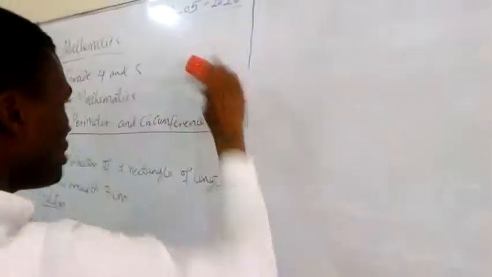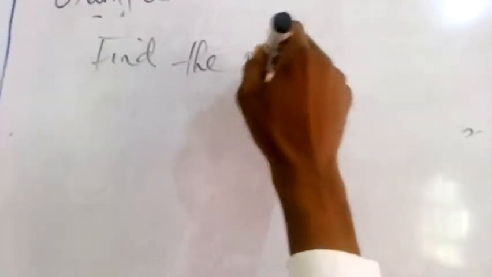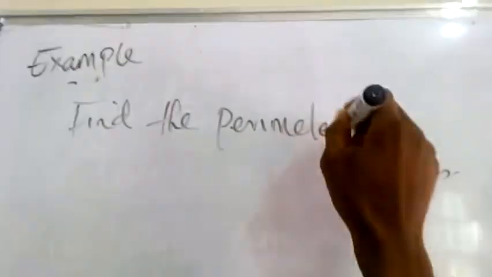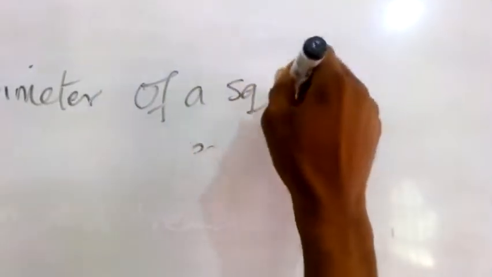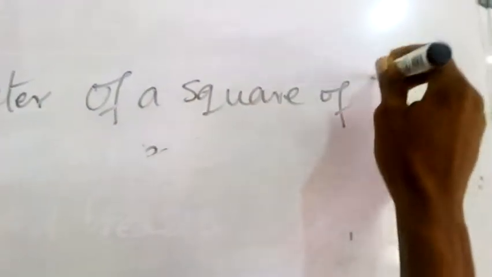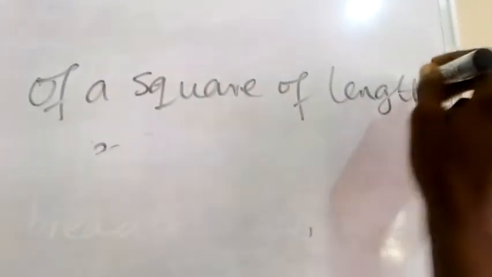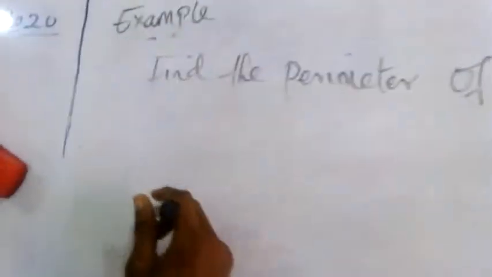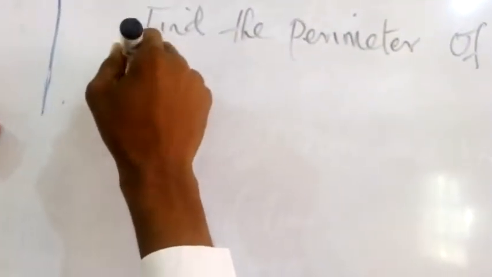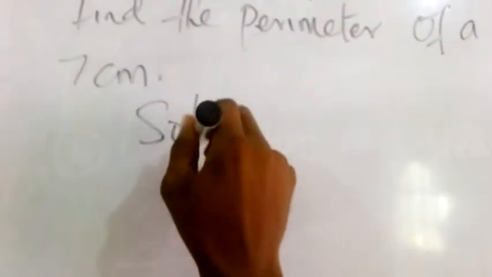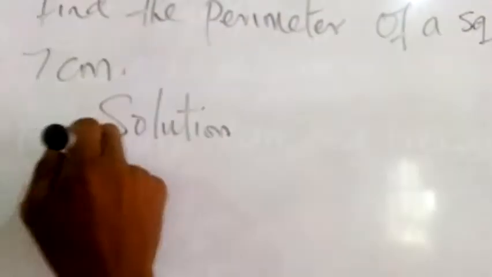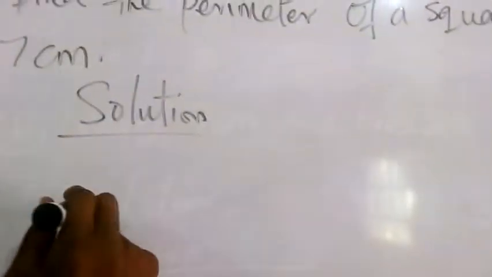So we have the question: find the perimeter of a square of length 7 cm. So we have our square.